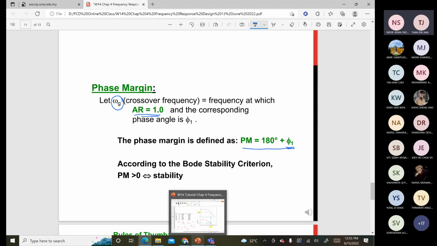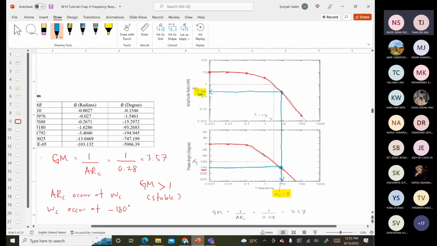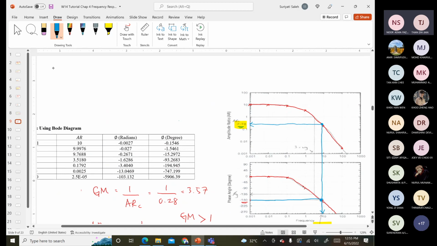So we take a look at our graph, how to find the phase margin. Here we know that the phase margin is 180 plus your angle of G. I just put G to differentiate it from the angle. So the angle G here occurs at WG.